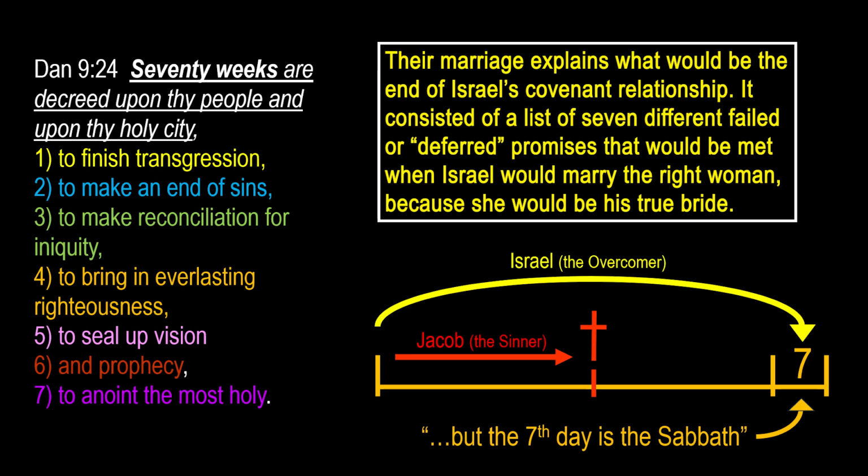Their marriage explains what would be the end of Israel's covenant relationship. It consisted of a list of seven different failed or deferred promises that would be met when Israel would marry the right woman, because she would be his true bride.